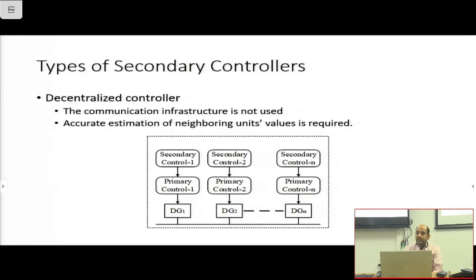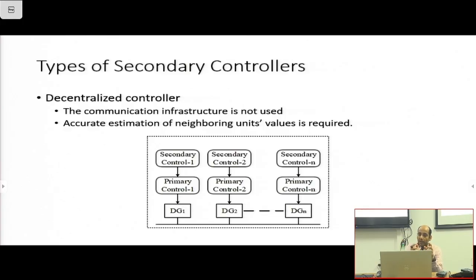The next one is decentralized control, and there is no communication. Primary, secondary, everything is with oneself. Each source has its own primary control and its own secondary control. What I've written as DG here is distributed generation: distributed generation 1, distributed generation 2, distributed generation n, and they all have their primary control and secondary control.